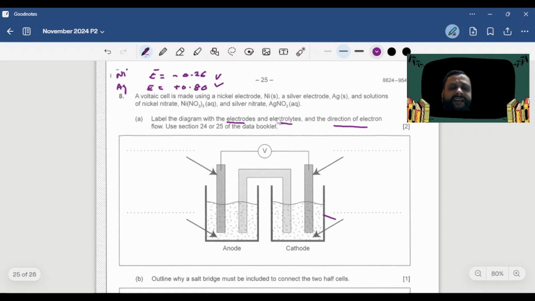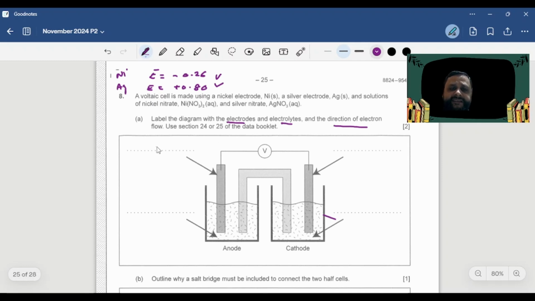A Voltaic cell is a cell that converts chemical energy into electrical energy and is spontaneous, delta G less than 0. Oxidation takes place at the anode, and looking at the value of each cell, nickel needs to get oxidized.